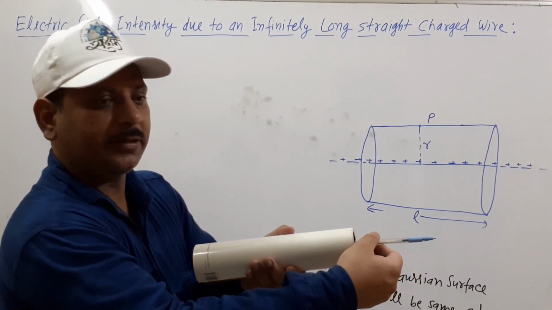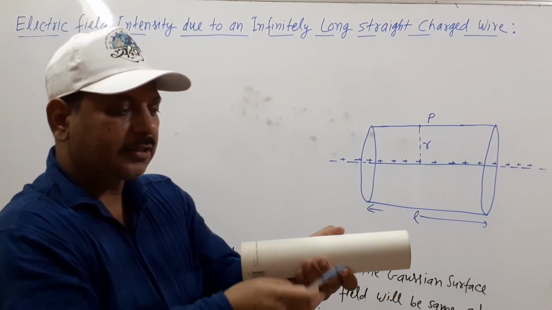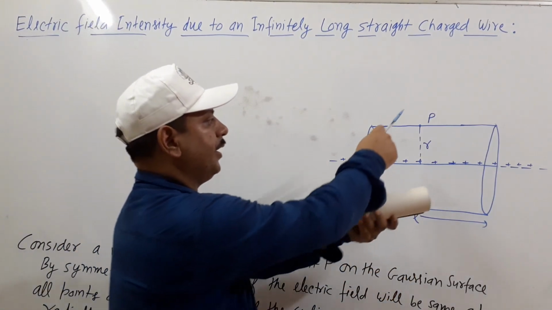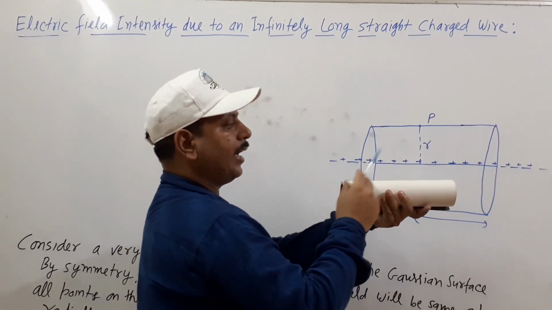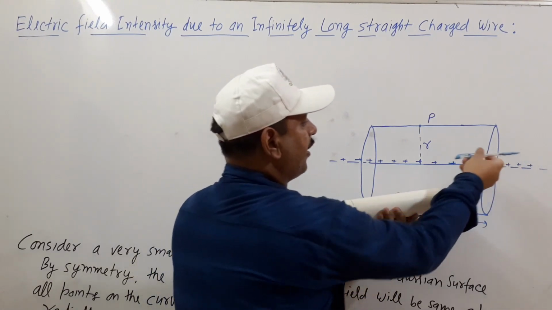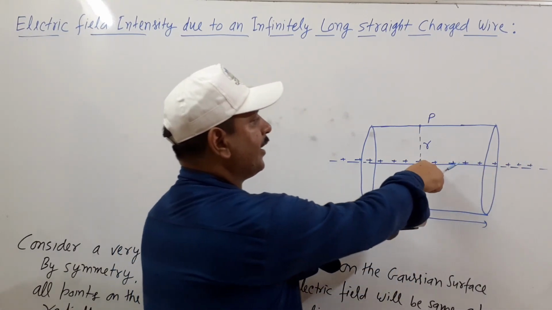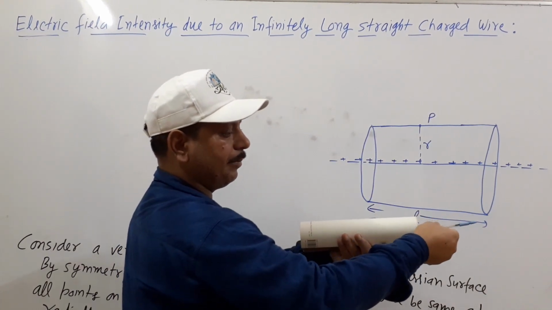See here, like that. If you see, point P lies on the curved surface of the cylinder. Here you can see, this will be the cylinder, this length I have taken L, this is the axis, and the axis of the cylinder is the long straight wire. This is the long straight wire I have taken.